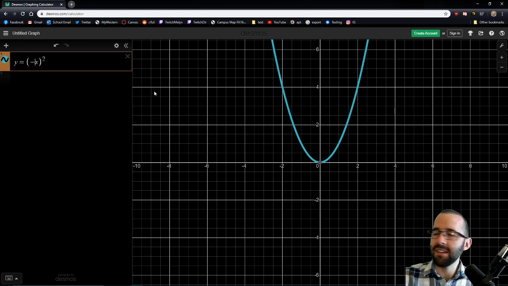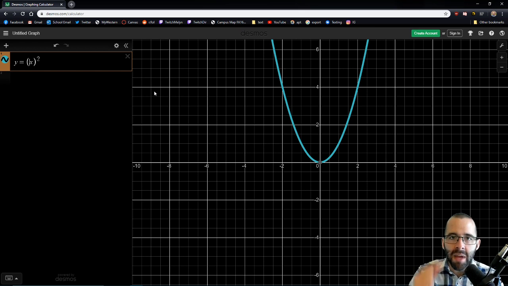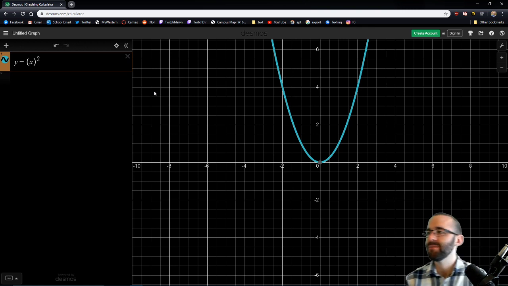But notice, adding this negative, reflecting about the y-axis, doesn't change anything because it is already symmetric with respect to the y-axis. Symmetry is what we're going to start by talking about today, and even and odd functions. If you had to guess whether x squared was even or odd, hopefully you would guess even because there's a 2. But that's what we're going to get into.